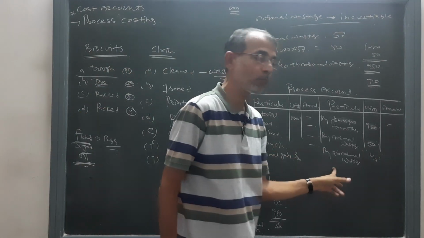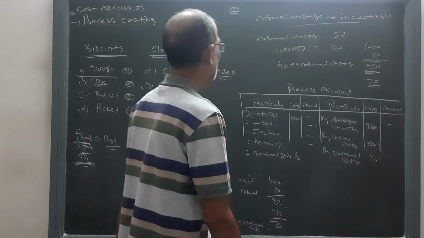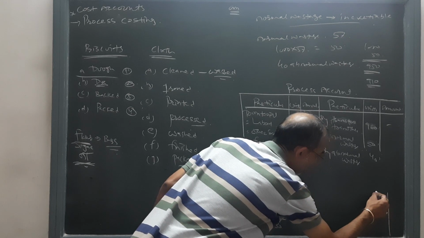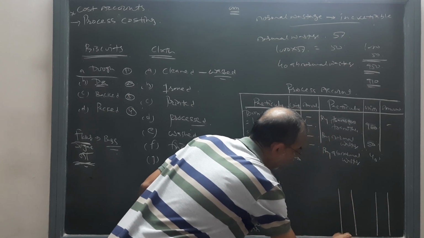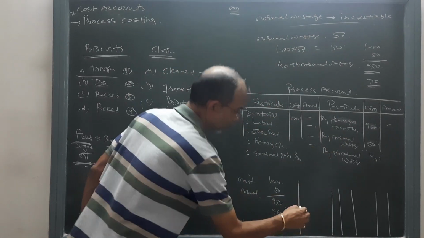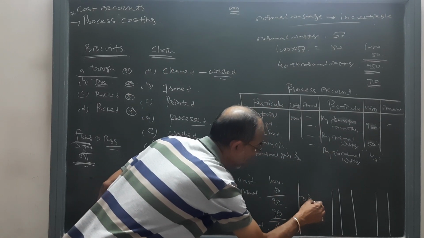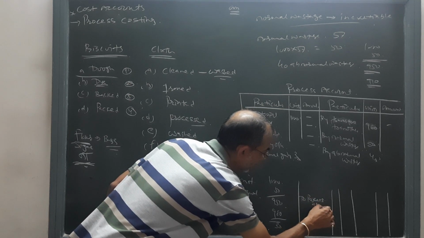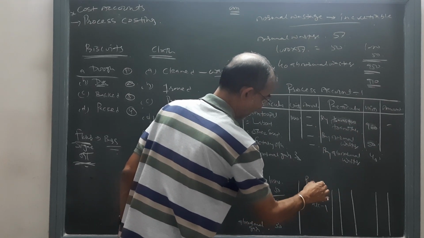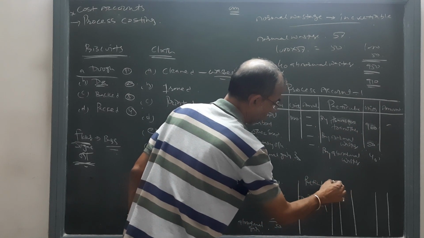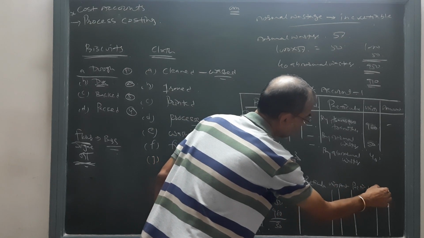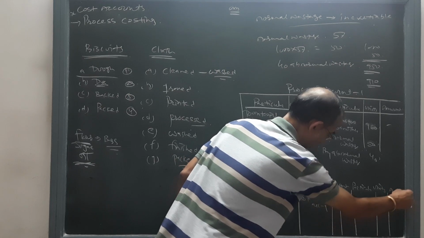Now if there is an abnormal wastage, then an abnormal wastage account will be prepared. That will be written on the debit side, to process account 1, particular units, amount.